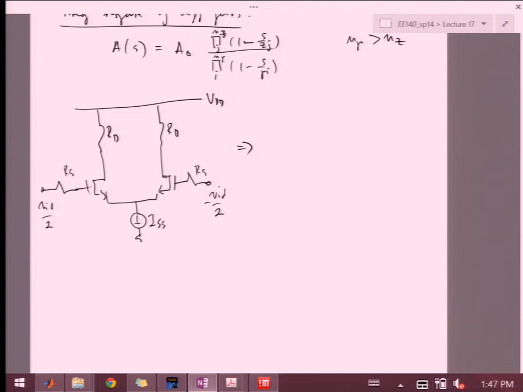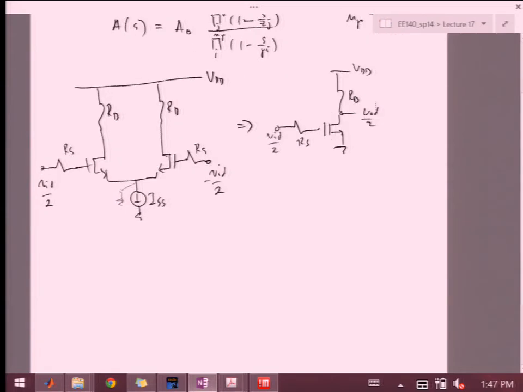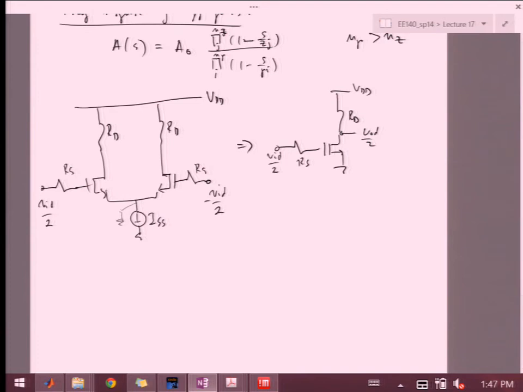So I can say, because these are differential, this node is actually grounded. So I'll have this topology over here.